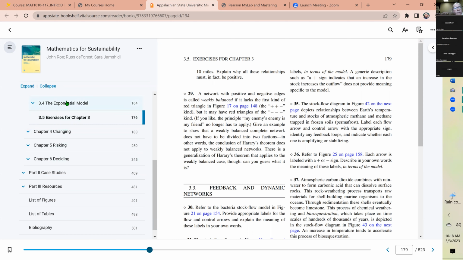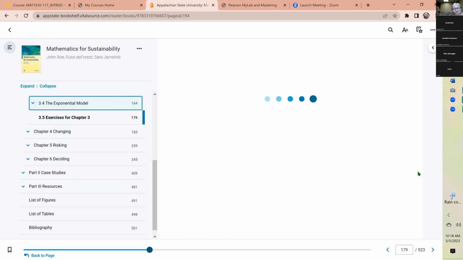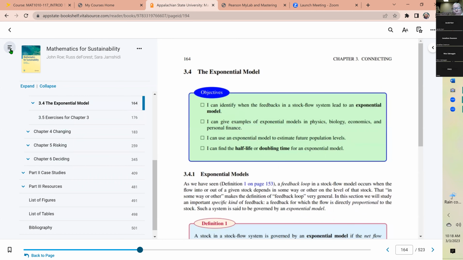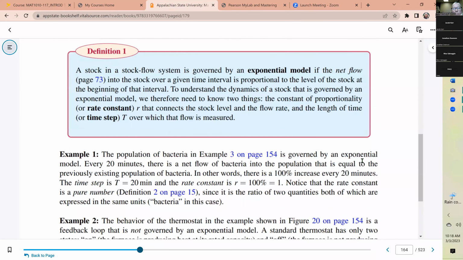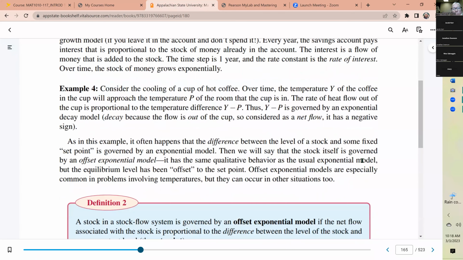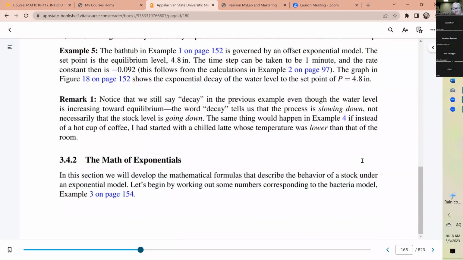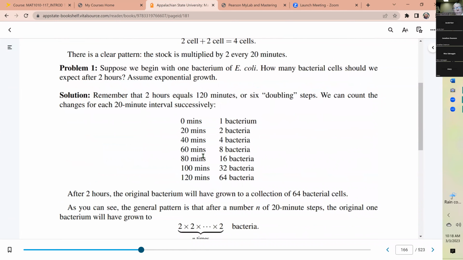So this whole section is 3.4. Right here. So it is on page 166.